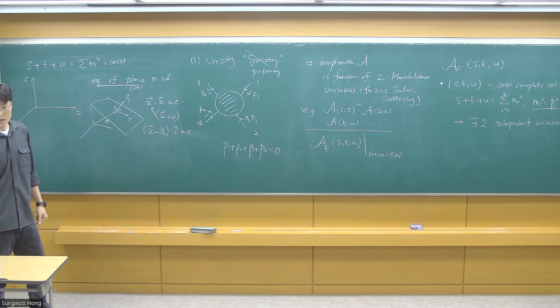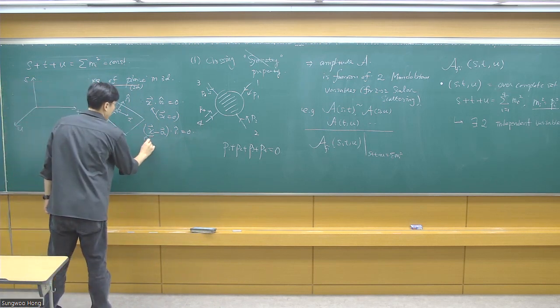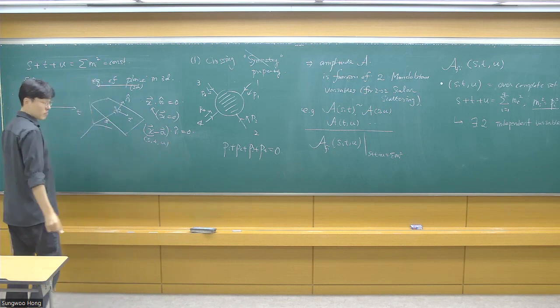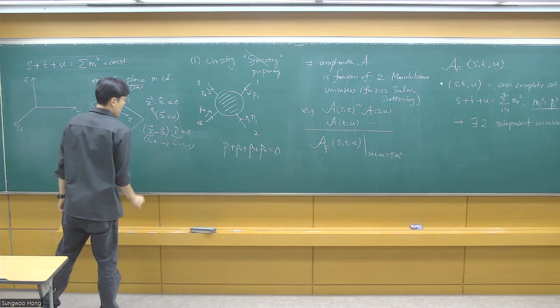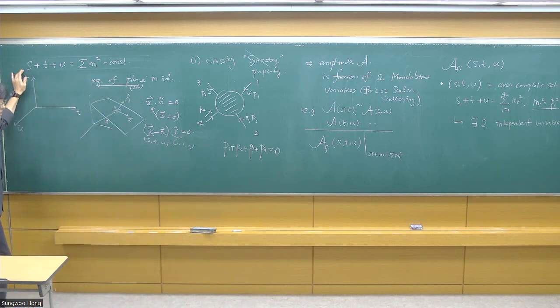Clear? If you plug in s, t, u with normal vector being (1, 1, 1), you get this equation with some particular a vector. This is a two-minute summary of what you have probably learned in high school. I don't know about the curriculum, but at least when I was a high school student, we had that. So this is the equation for a plane.